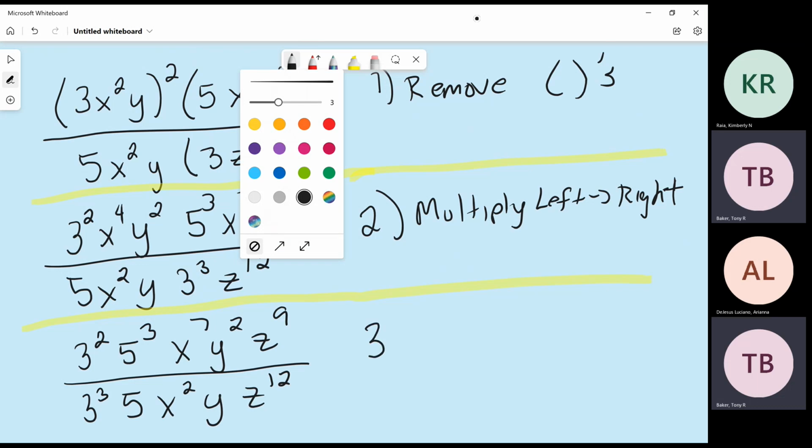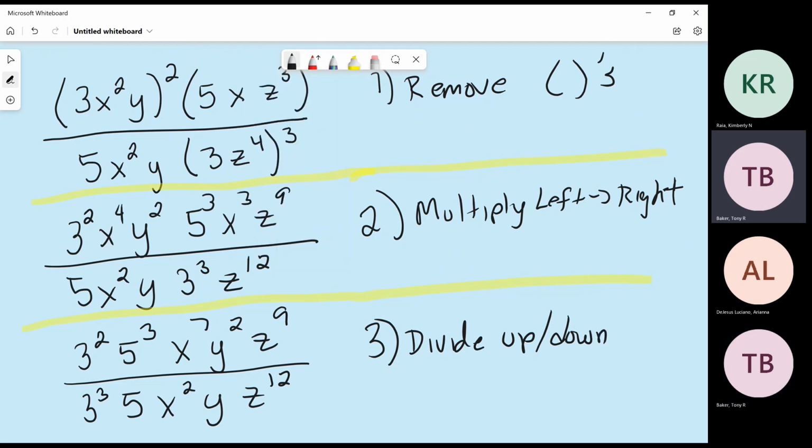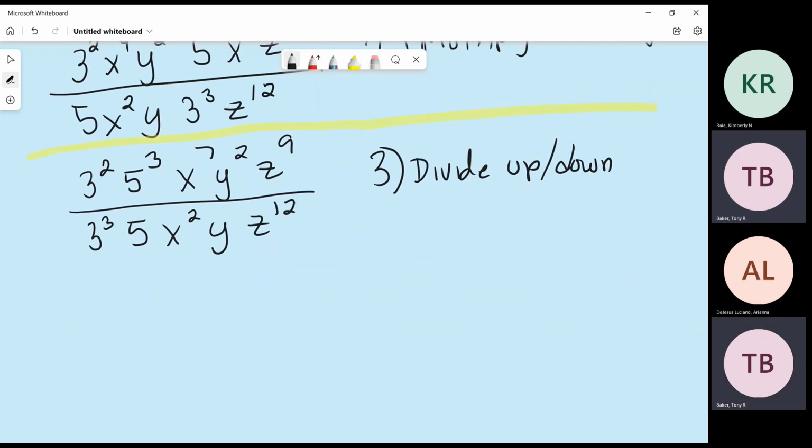So step 3 is divide up and down. I'm going to have 3 to the negative first power, because that's 2 minus 3. I have 5 to the second power, because that's 3 minus 1.